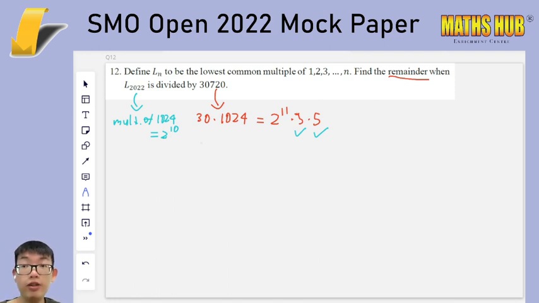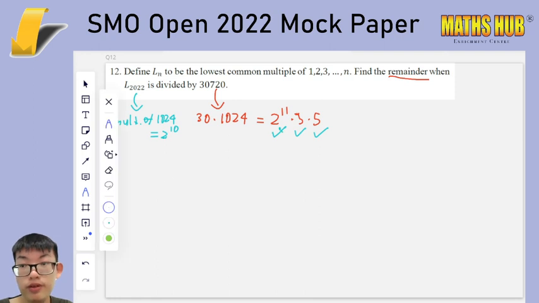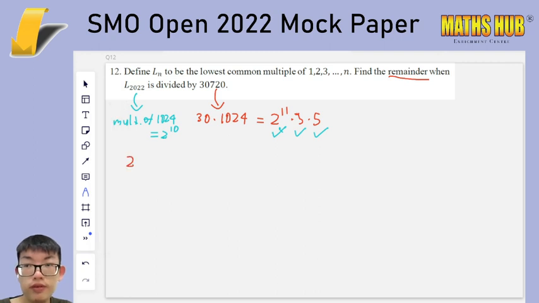So it is a multiple of 2 to the power of 10, which means that it is yes and no, right? It is divisible by 2 to the 10, but not 2 to the 11. So 2 to the 10 divides this, not 2 to the 11.